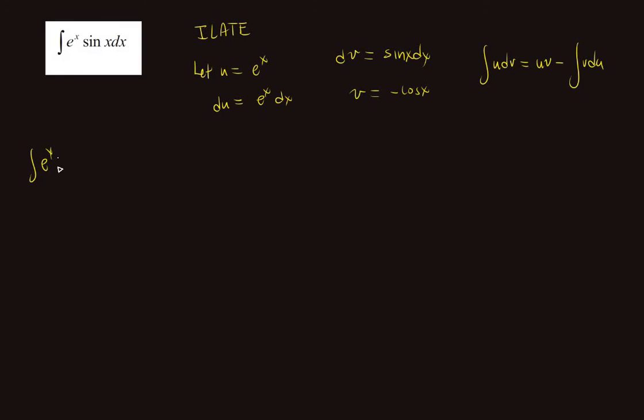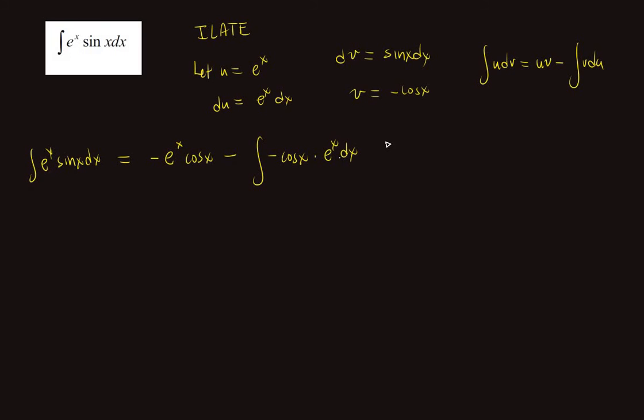So here we go with this integral. The integral of e to the x sine of x dx is equal to, who is u? We select u as e to the x. And who is v? It's minus cosine. So let's put the minus sign here. It is going to be minus e to the x cosine of x minus the integral of v, which is negative cosine of x, times du, which is e to the x dx.